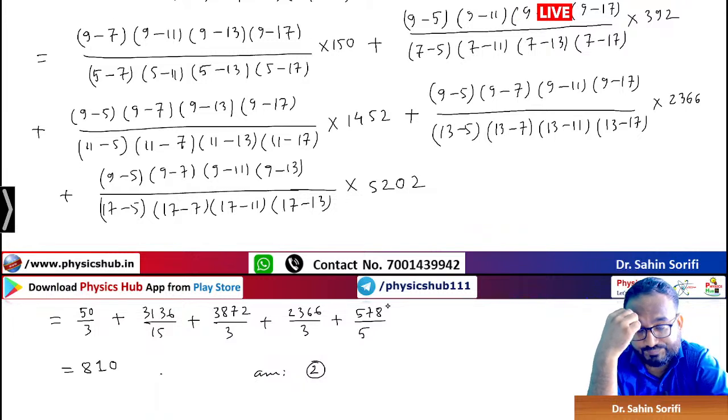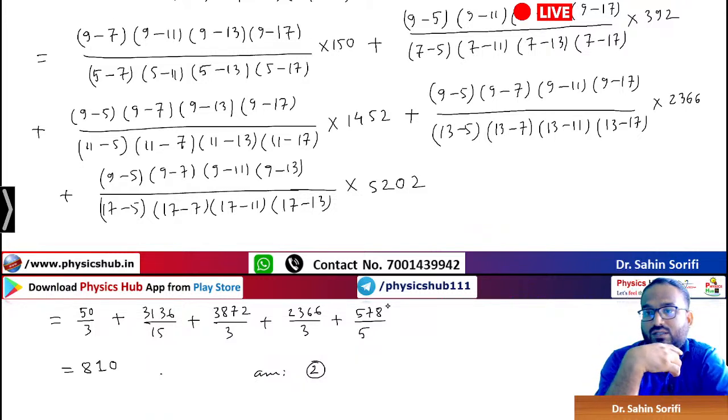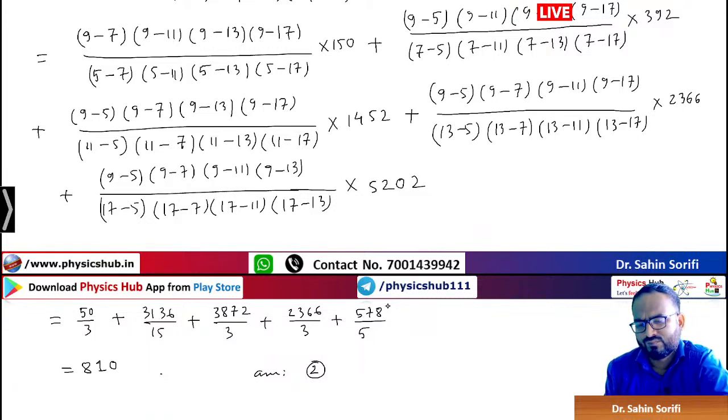So in this lecture we have covered all the interpolation techniques. In the next lecture tomorrow at 7:30 a.m. in the morning, we'll be completing this numerical analysis. That will be the third lecture, and in that lecture we'll try to cover Simpson's method, then trapezoidal method, and Runge-Kutta method.